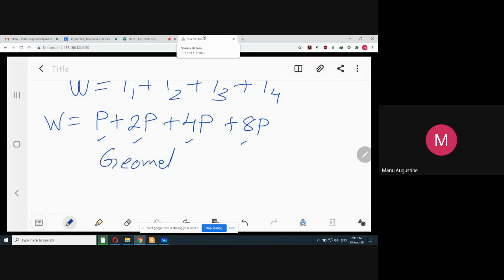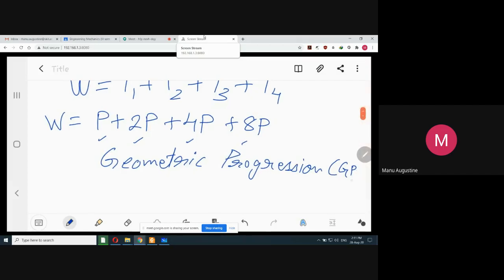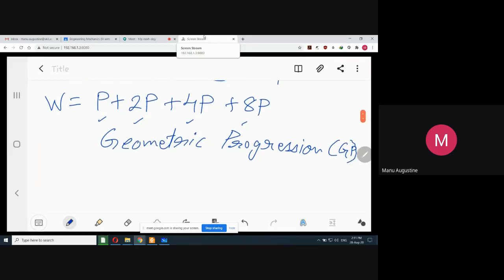I hope you remember what a geometric progression, arithmetic progression is. Geometric progression, or in short GP, is a progression which goes like this: A, AR, AR square, AR cube, and so on.